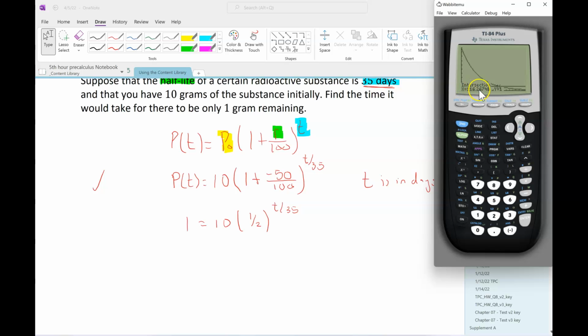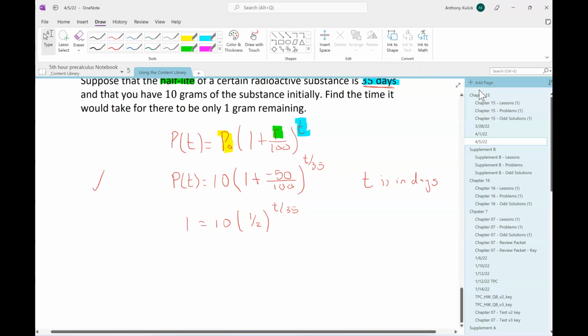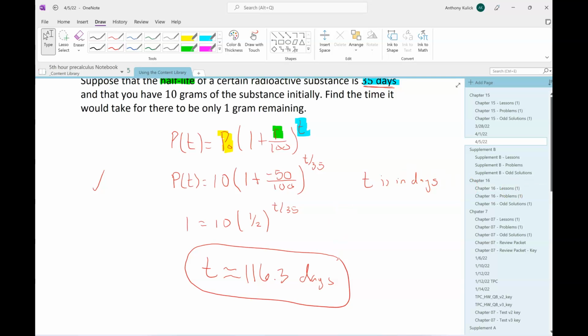And I get 116.3-ish days. Everybody cool with what we did there?